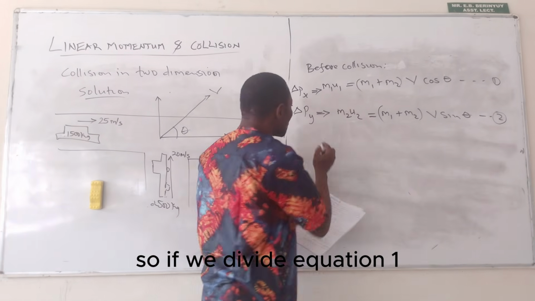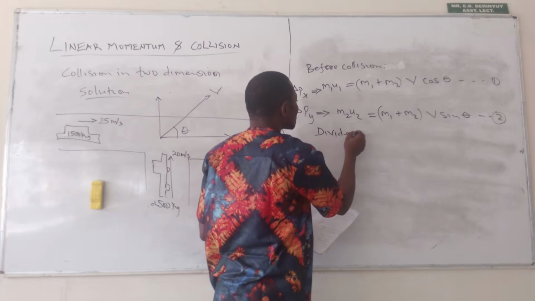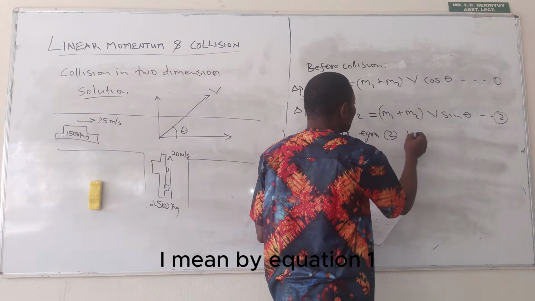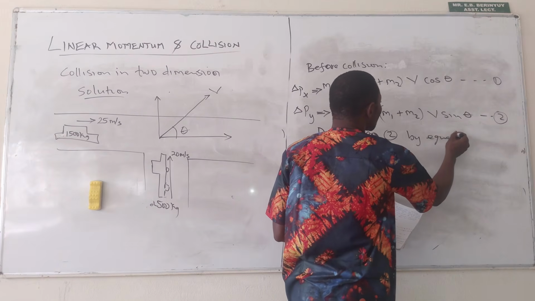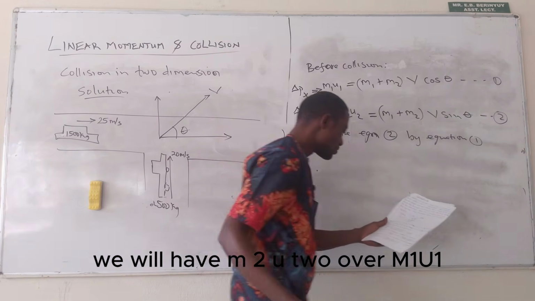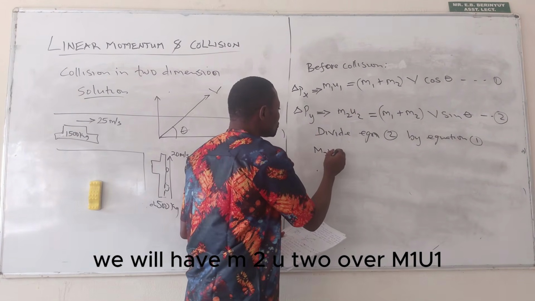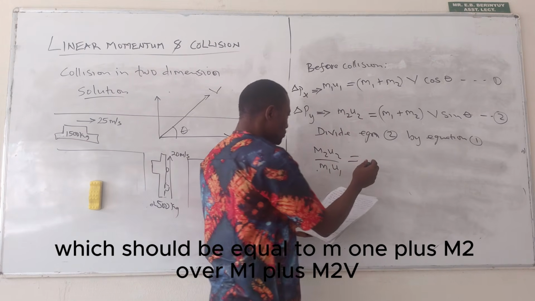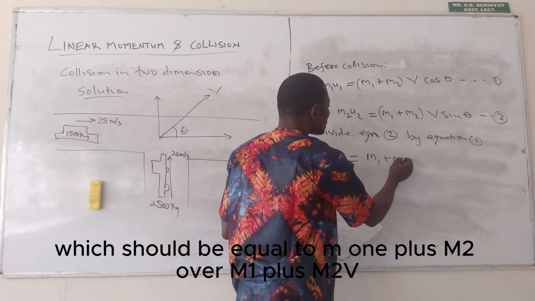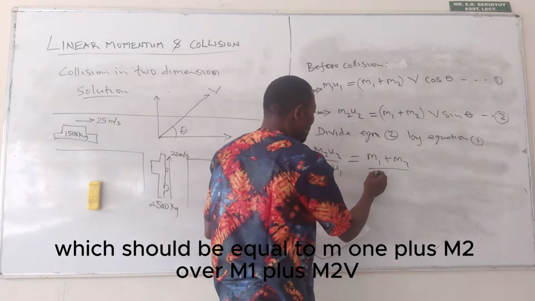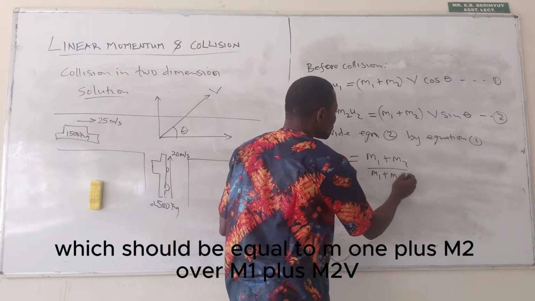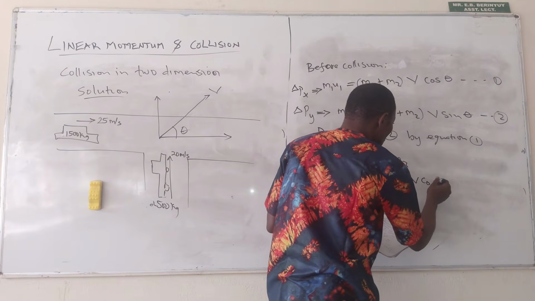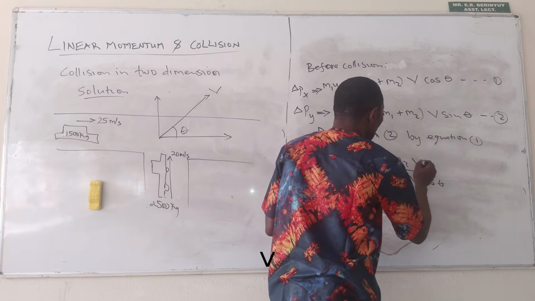So if we divide equation 2 by equation 1, we will have m2 u2 over m1 u1, which will be equal to (m1 plus m2) v sine theta over (m1 plus m2) v cos theta.